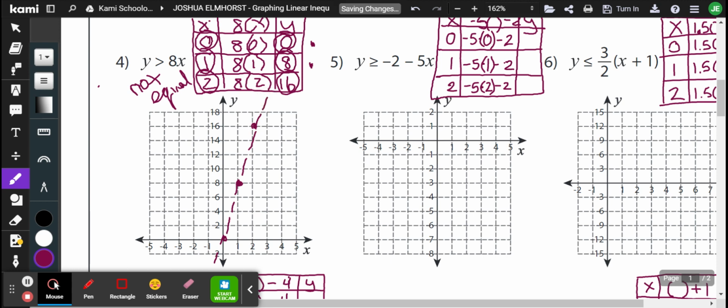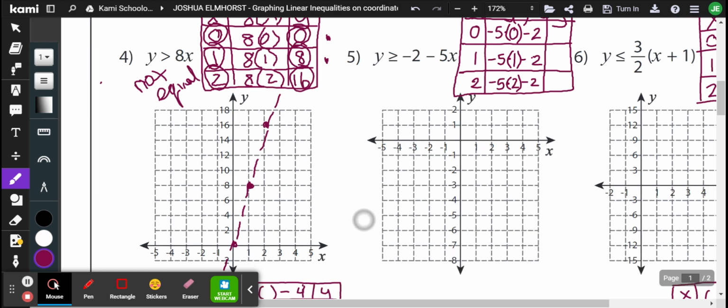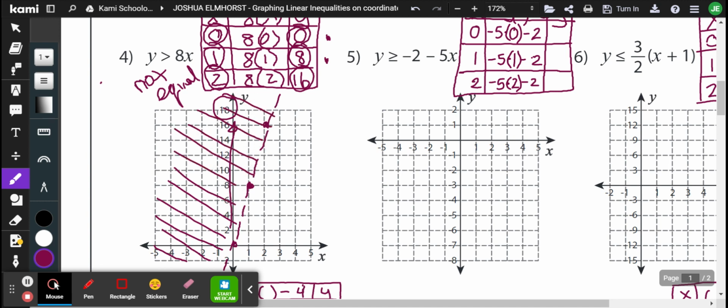And this says y is greater than 8x. So we go up where y is greater than, and we can shade that in. It'll be anything in this direction that is going up from the 0, 0 point.